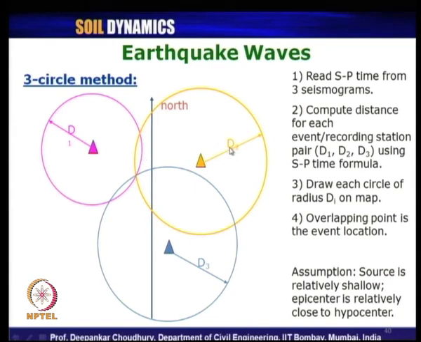Fine. Similarly, suppose another recording station has also recorded both P wave and S wave, and using the same S minus P travel time formula, we can obtain another distance, say d3. So, let us draw another circle taking this as center and d3 as radius.